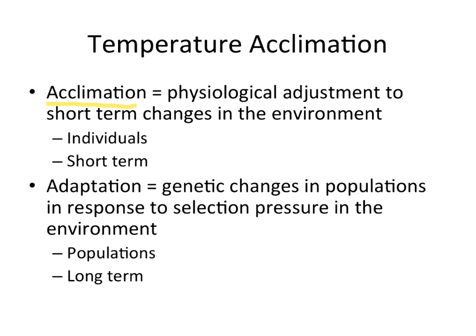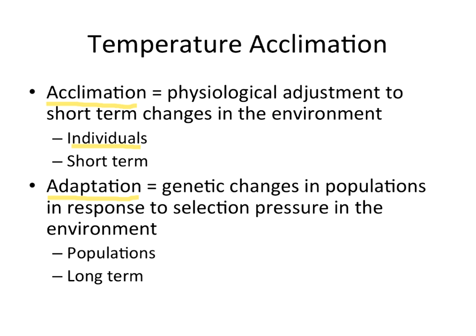And acclimation just means a physiological adjustment to a change in the environment, which could include temperature or other factors. Acclimation can occur in individuals and is a relatively short time response. It's important not to confuse acclimation with adaptation. Adaptation infers a genetic change in a population associated with selection pressure.